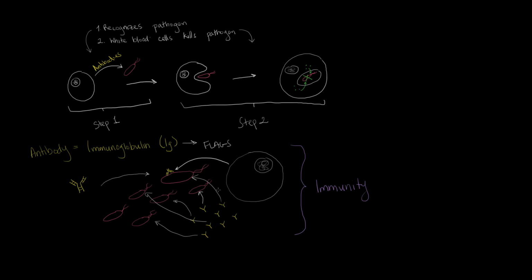So that's generally how antibodies work, but it is a little bit more complicated than that. There are more than just one type of antibody. This Y shape is one particular type of antibody, but there are actually many other types of antibodies.